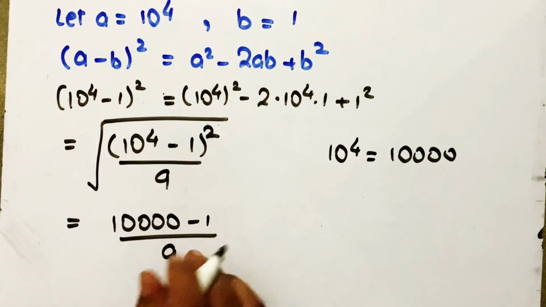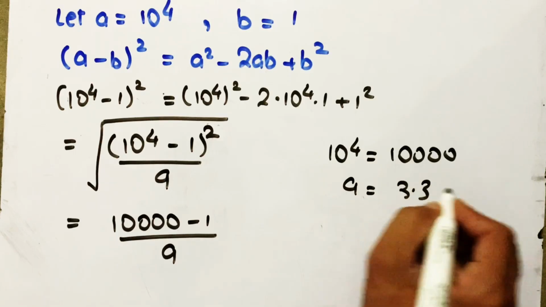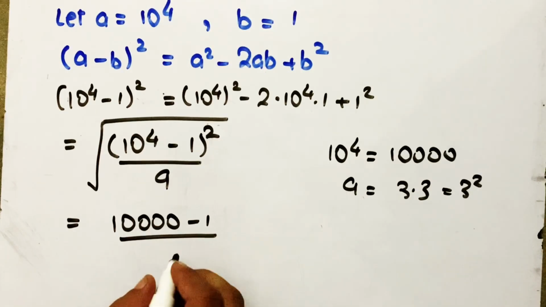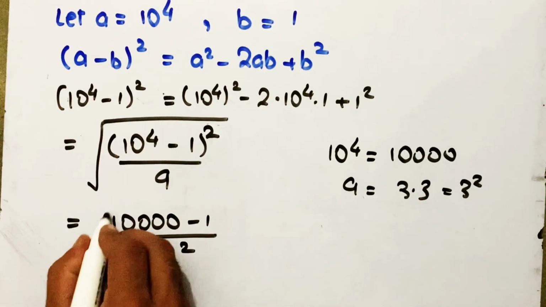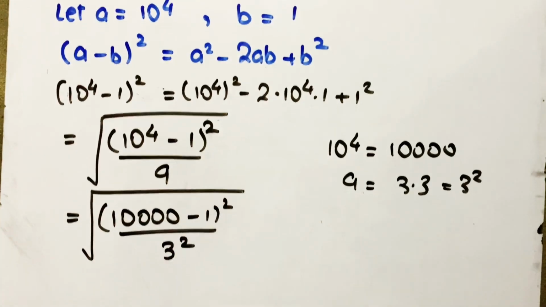And 9 equals 3 into 3, that is 3 squared, so whole squared, square root.